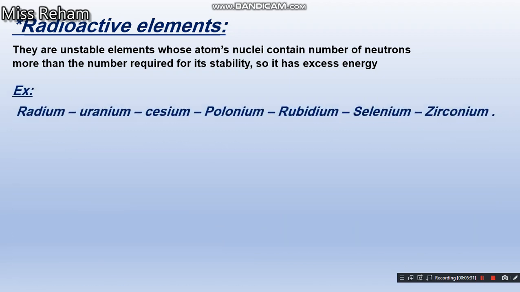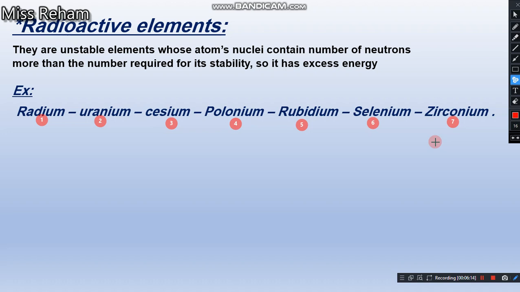Let's see. These are examples of radioactive elements, such as number 1, radium. Okay, pay attention with me. Number 1, radium, number 2, uranium, number 3, cesium, number 4, polonium, number 5, rubidium, number 6, selenium, number 7, zirconium.